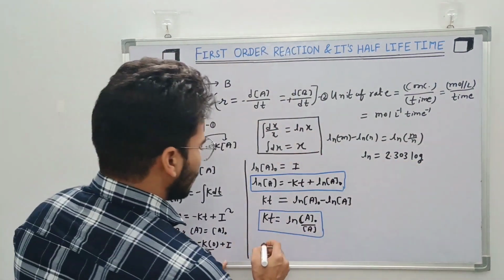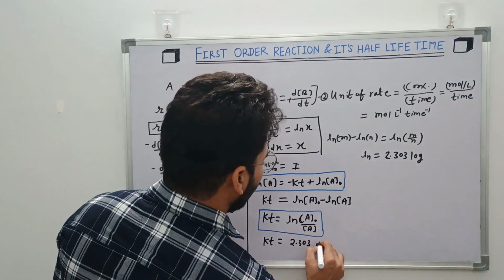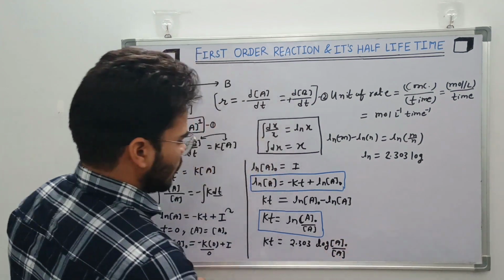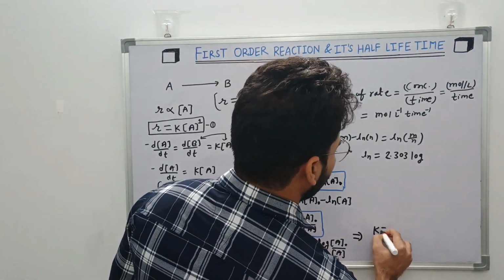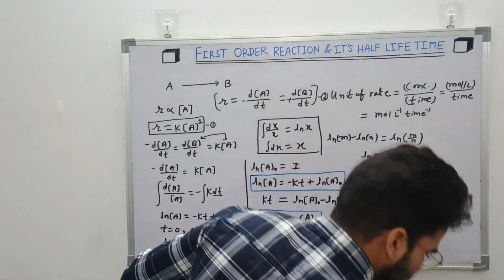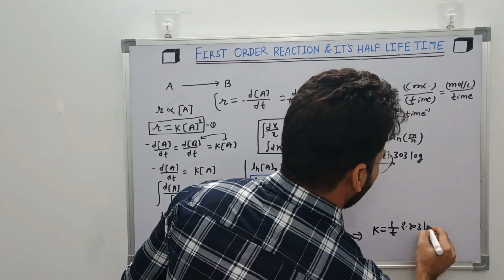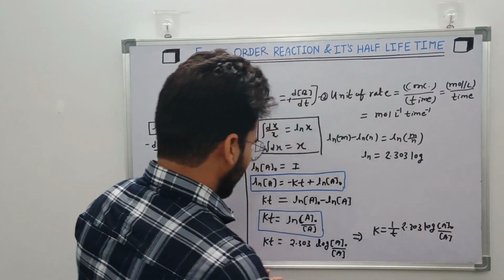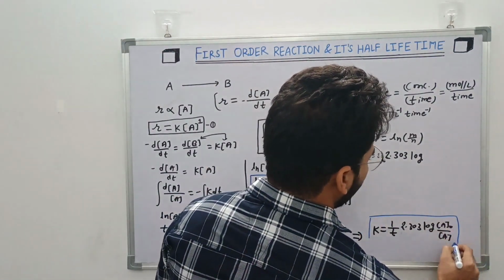So we can write kt is equal to 2.303 log A0 upon A. When we convert this, we get the value for the rate constant, that is k is equal to 1 upon t into 2.303 log A0 upon A. So this is the rate constant expression for a first order reaction.